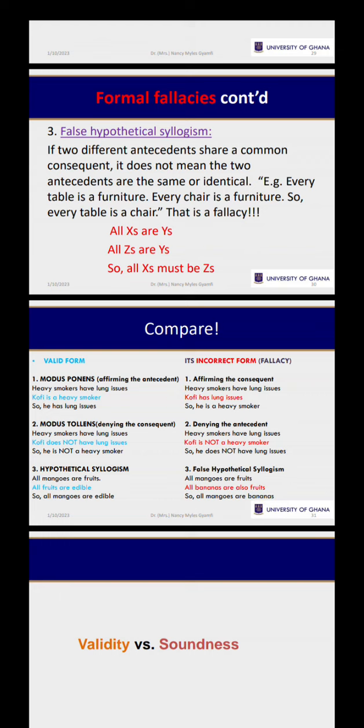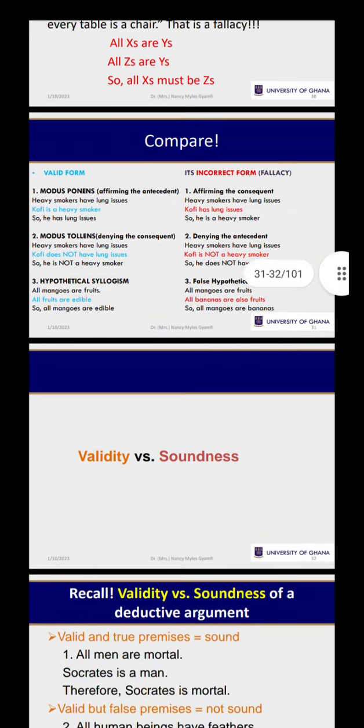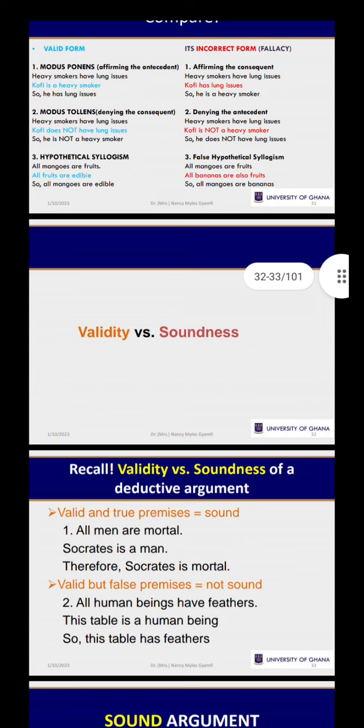But that does not mean that a table and a chair are the same. So you can't come and say that every chair is a table. No, it's a fallacy. As another example, if you say all mangoes are fruit, yes, it is true. And all bananas are fruit. Yes, it is true. But it does not mean that banana is the same as mango. They are different things altogether.